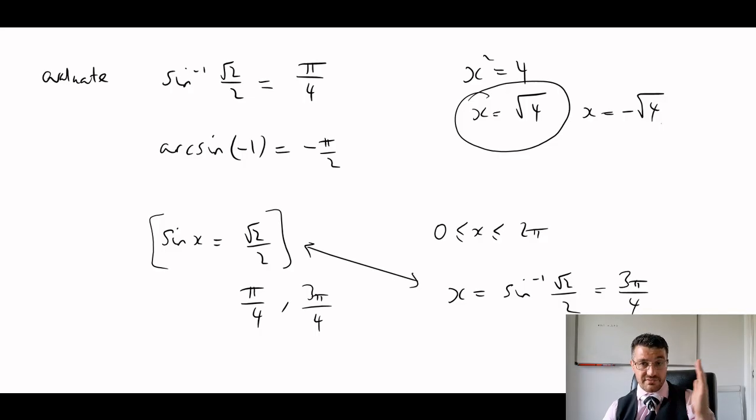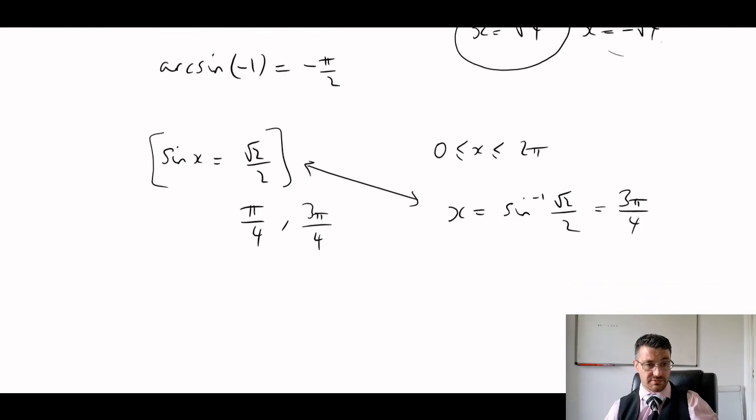But if I'm talking about the inverse corresponding to the negative values of x, which is minus the square root of x, then I get the solution x equals minus the square root of 4. So you've got to be very careful when it comes to inverse functions, not just inverse trigonometric functions, but inverse functions in general.